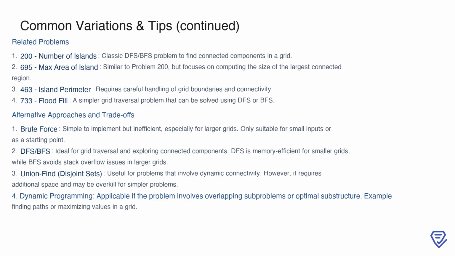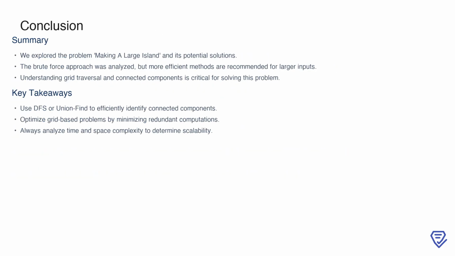Finally, dynamic programming is a great fit if the problem involves overlapping subproblems or optimal substructures, such as finding paths or maximizing values in a grid. Choosing the right approach depends on the problem's constraints and what trade-offs you're willing to make between simplicity, performance, and space usage.